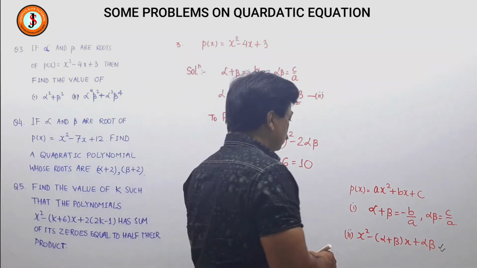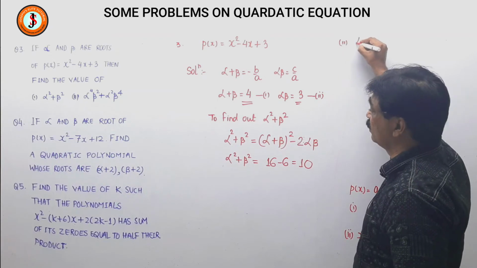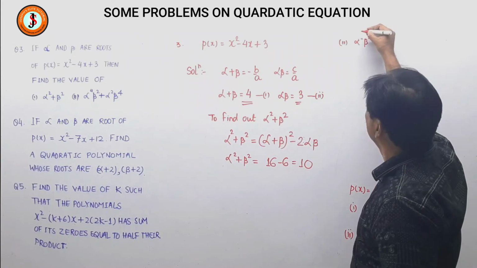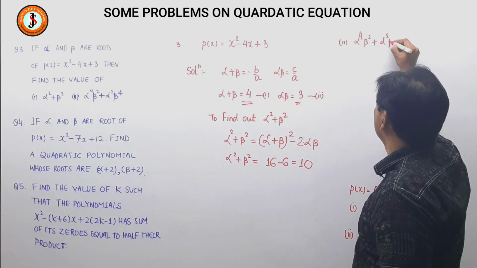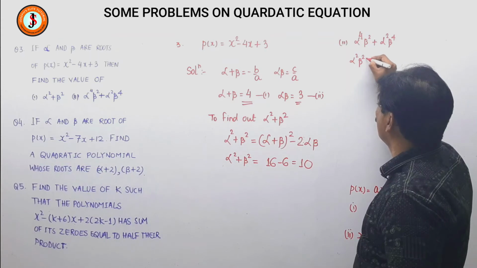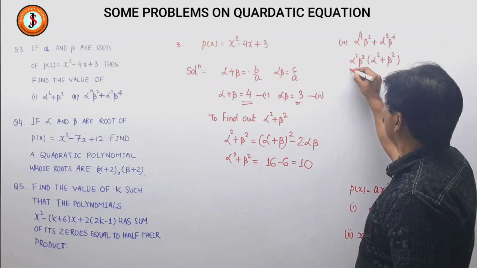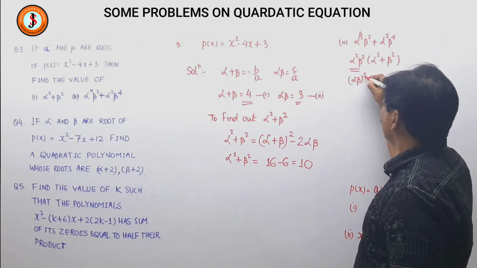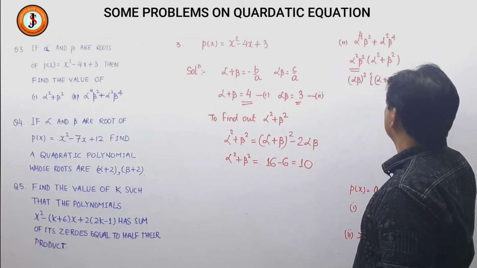See how I will use the other relation over here. In the second part, we have to find out alpha square beta to the power 4 plus alpha to the power 4 beta square. I take alpha square beta square common. So inside I have alpha square plus beta square. So alpha into beta the whole square, and alpha square plus beta square can be written as alpha plus beta the whole square minus 2 alpha beta.